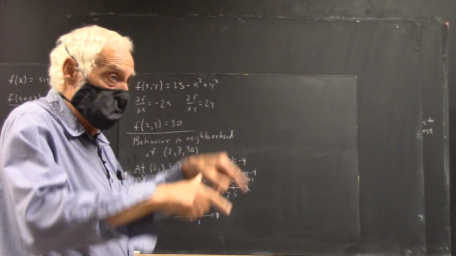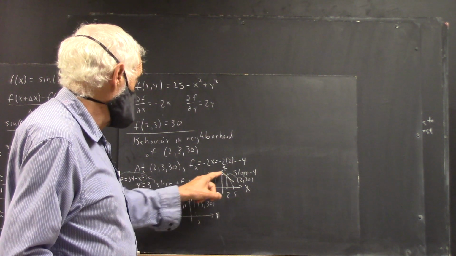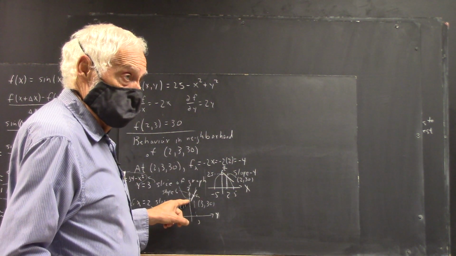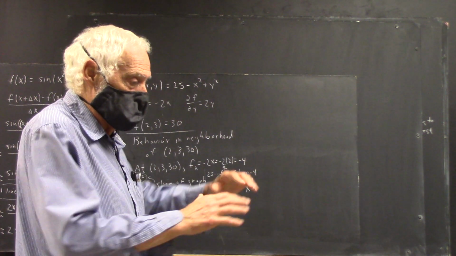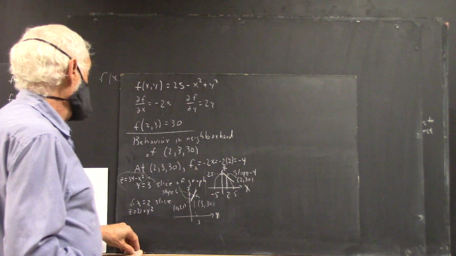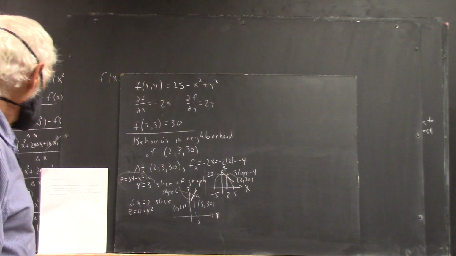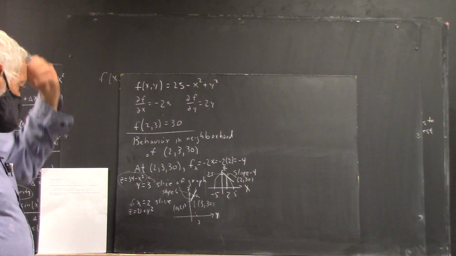You're not at the low point. The low point occurs at this point and this point. That would correspond to a saddle point, where the thing drops off like this in the x direction, goes up like this in the y direction. Okay, well, there we have it. So, now we're trying to develop a picture.